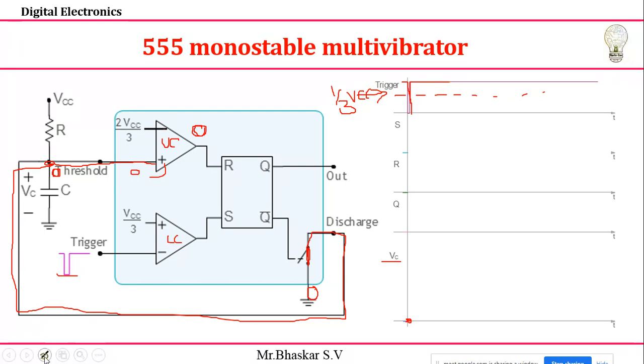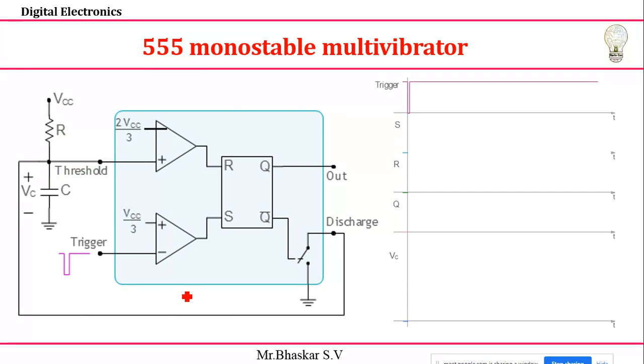Carefully observe that I'm going to use a trigger pulse now. The trigger pulse value is less than 1/3 VCC. The trigger pulse is connected to the inverting terminal of the op amp, so I'm going to compare with VCC by 3. Initially the value is more than VCC, for example VCC, and gradually it decreases.